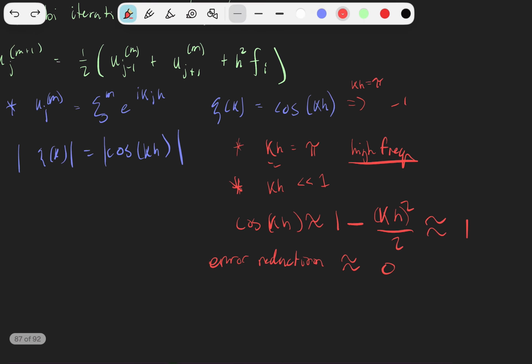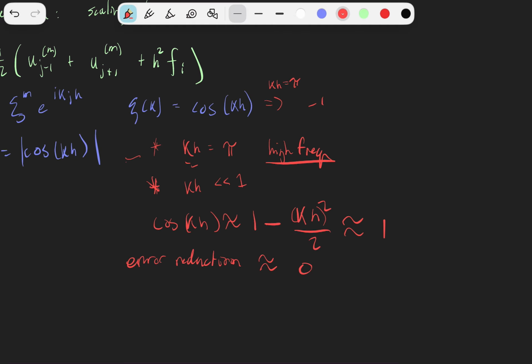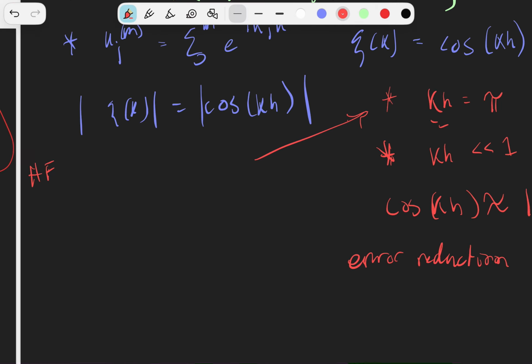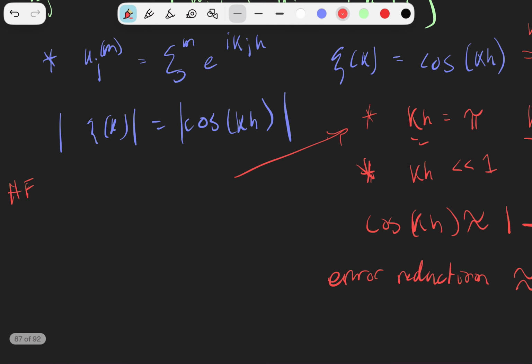All right, and maybe we should talk a little bit more about the high frequency part, because the smoothing rate, right? It's really a reduction again of the high frequency error, and it basically tells us that we want to find the maximum of the magnitude of cosine kh on the interval of pi over 2 to pi, right? Because it's an absolute value.